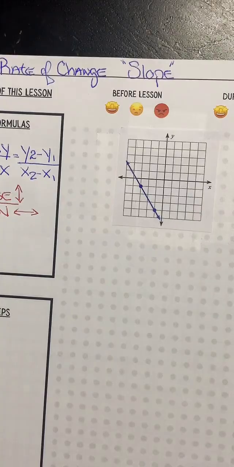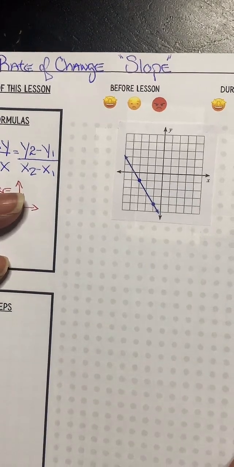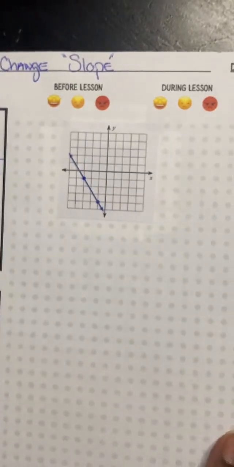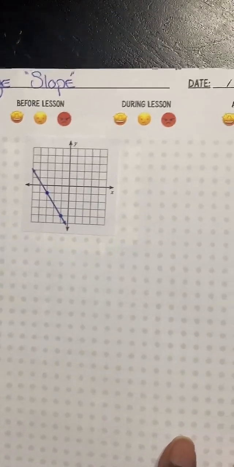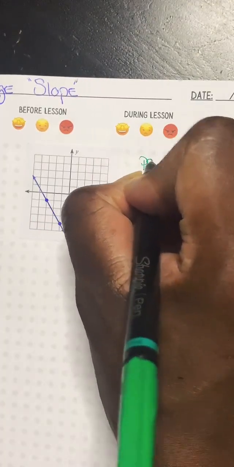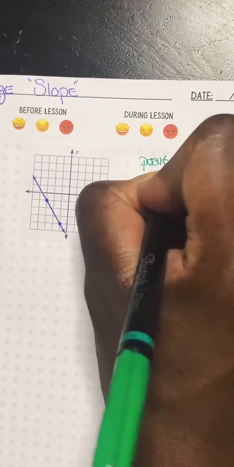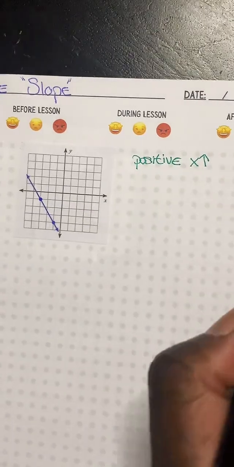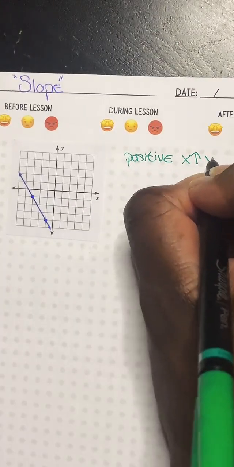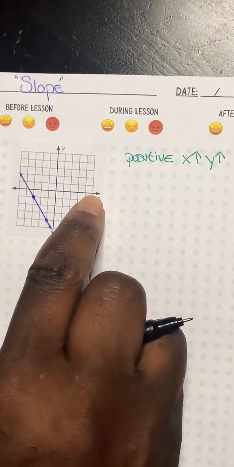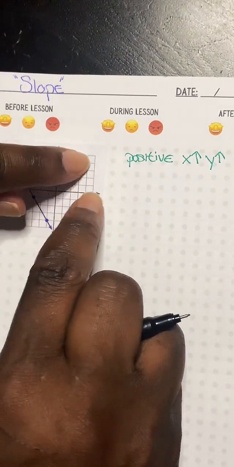So by looking at this, you have basically 4 different types of slopes. All right. So the first slope is a positive slope. It's positive when your x values are increasing and your y values are also increasing. So as the x's are increasing, your y values are going up.